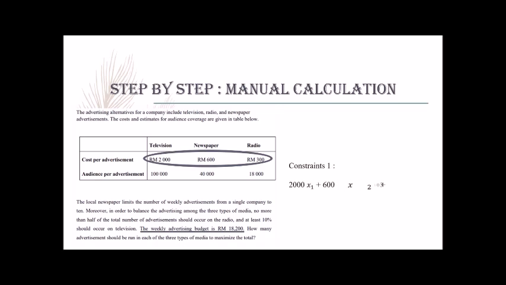So, the first constraint would be 2,000 x1 plus 600 x2 plus 300 x3 less than or equal to 18,200.